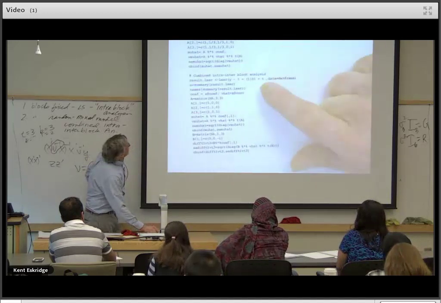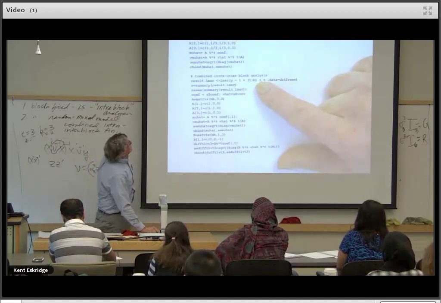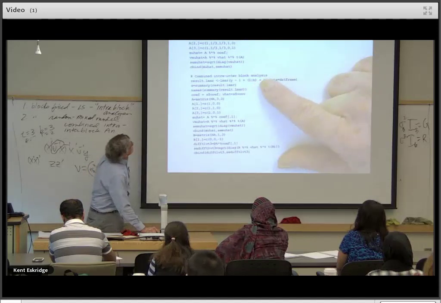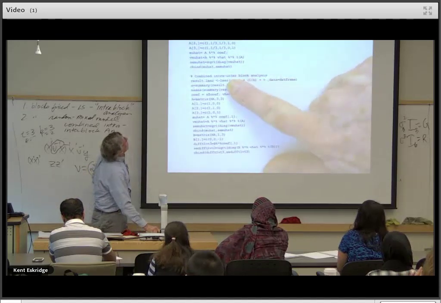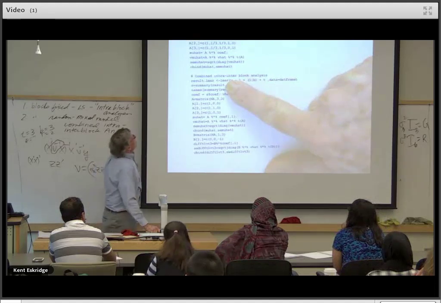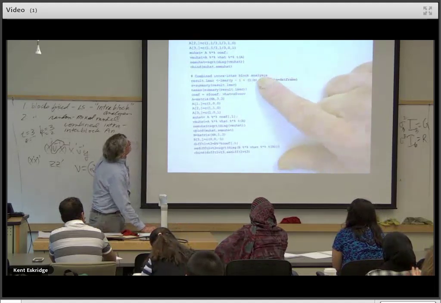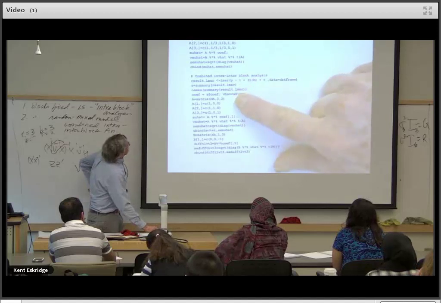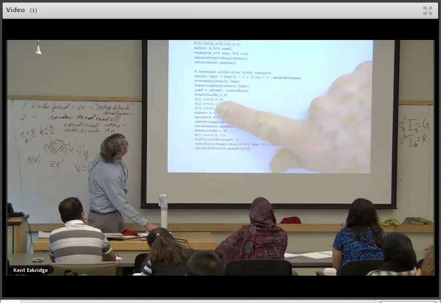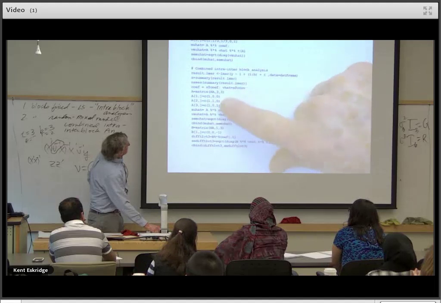Okay, well, if I want to get the combined interblock analysis, which is just the mixed model analysis, I'll use lmer, linear mixed effects models, focusing on random effects. This is how you write it. And we get the same analyses, we get the F-test out of this, we print it.